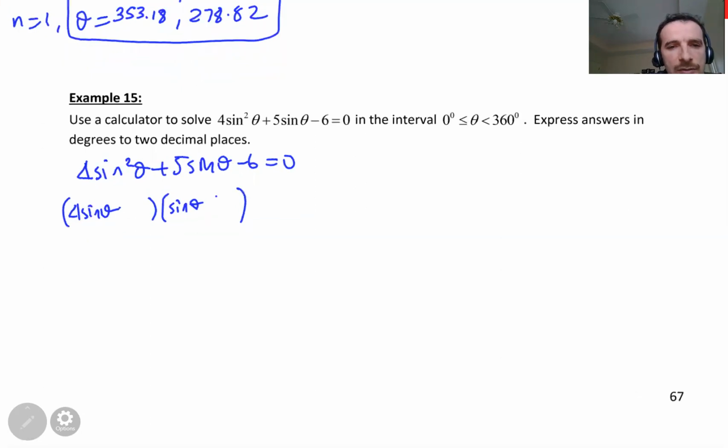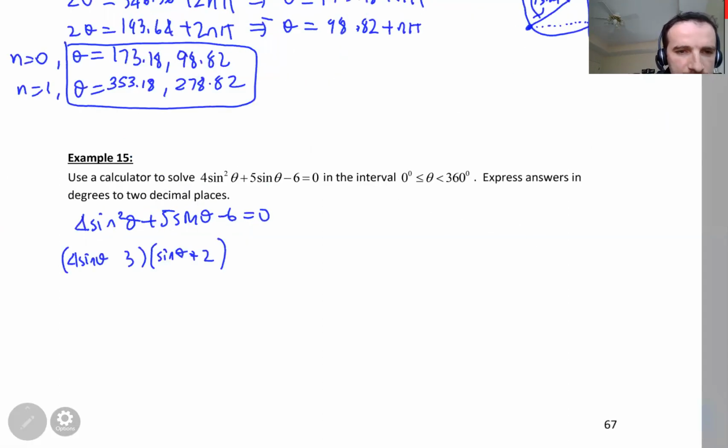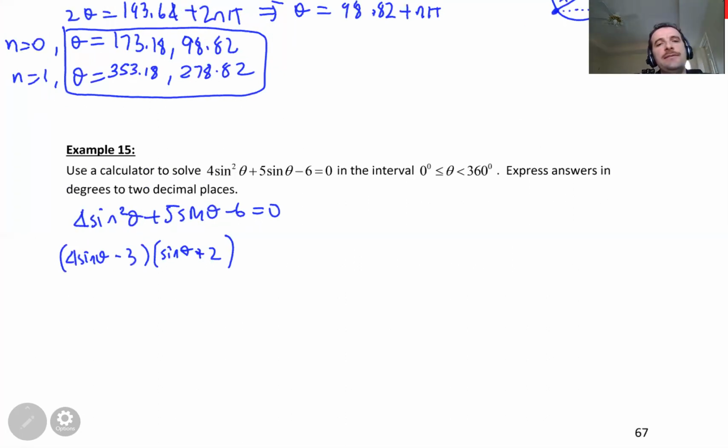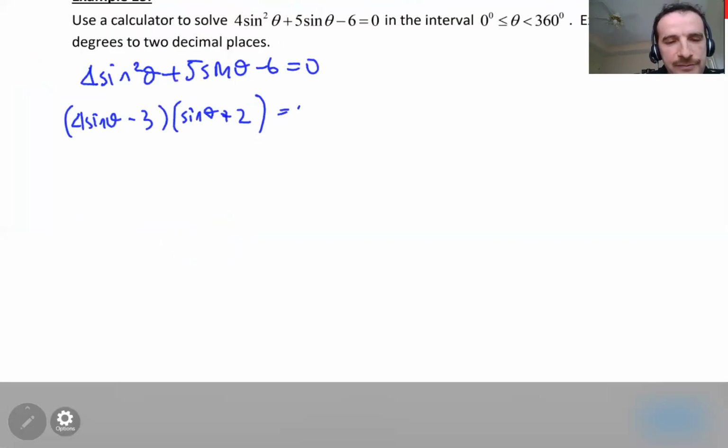Minus 2 and plus 3. 4 times negative 2 is negative 8, and 3 times 1 should give positive 5. So this should be positive 3 and this should be negative 2, sorry. Okay, nice, it worked. It is equal to 0.